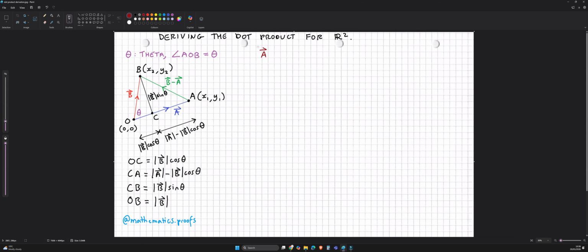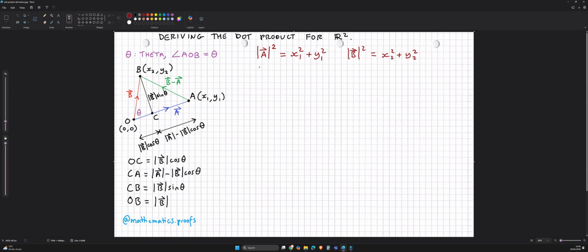The magnitude of A is going to be equal to root x1 squared plus y1 squared. Therefore, the magnitude of A squared is going to be equal to x1 squared plus y1 squared. Now in a similar manner, the magnitude of B squared is going to be equal to x2 squared plus y2 squared.